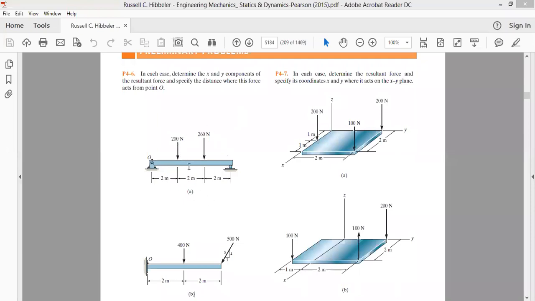We will be replacing these forces by a single force, and the moment of this force will be replaced by a single moment. And then the force will be placed along this beam in such a way that it takes into consideration the moment which is produced by these two forces.